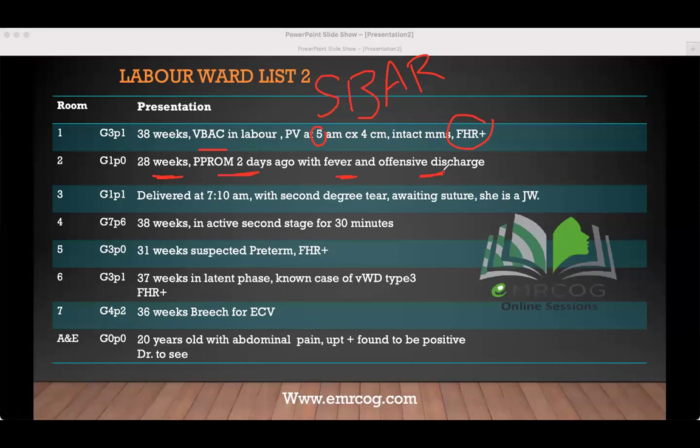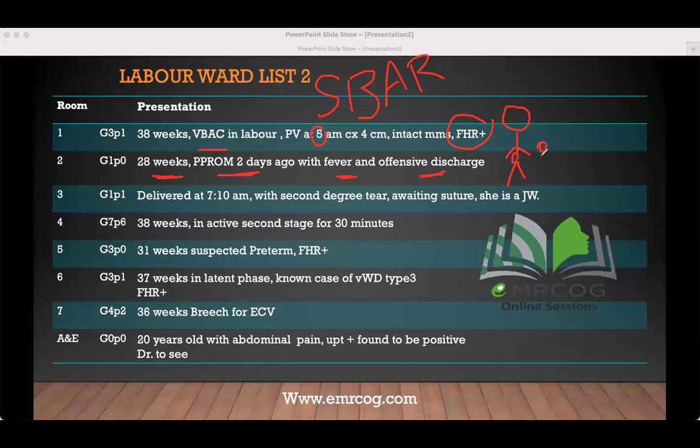This is the situation, this is the background, and preterm. What you need to know now urgently is the assessment, and then the recommendation. The assessment has 2 parts: baby and, here, her abdomen, because she's 28 weeks.